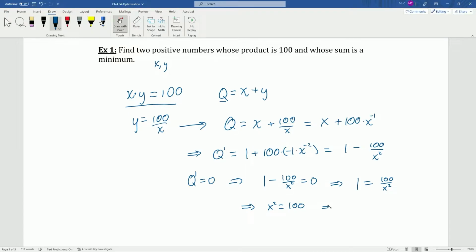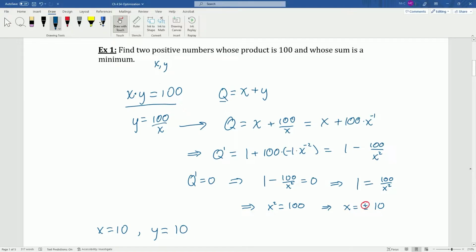Take the square root, and you get x is plus or minus 10. But negative doesn't make sense, so it's got to be positive. We're looking at two positive numbers, so we're only looking at x equals 10. Then what would y be equal to? We can go back to our constraint equation and solve: y equals 100 over 10, so that's 10.